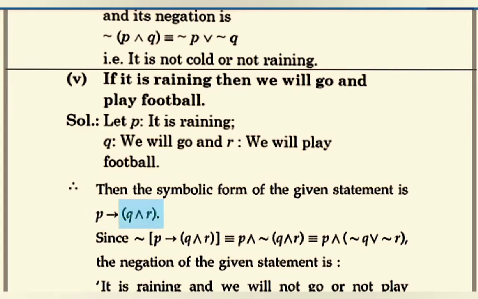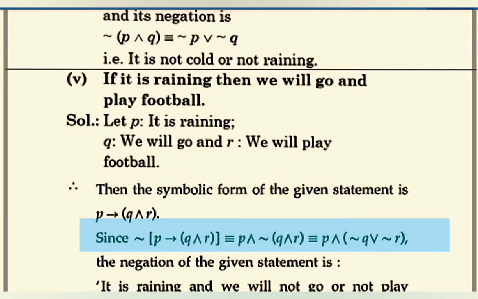And Q and R means we will go, and this is the Q statement, this is "and", and this is the R statement. Here we write Q and R. Since the negation of P implies (Q and R) is P and negation of (Q and R), which is equivalent to P and (negation Q or negation R).